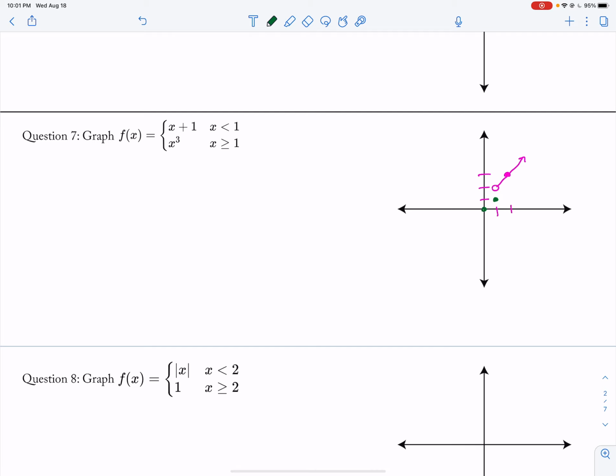And then I'm at 0. And then, a little too far down. So I'm something like this.